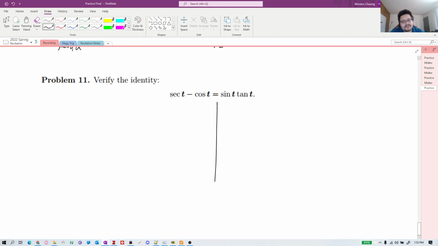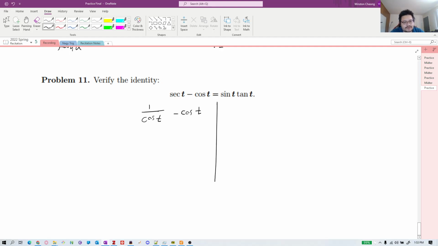Secant. When I see a secant, I don't like that secant, right? I would prefer things in terms of sines, cosines, and possibly tangents. Having the reciprocal functions is a bit less convenient. So we would view this as 1 over cosine of t minus cosine of t. And that's really going to be the starting point here.